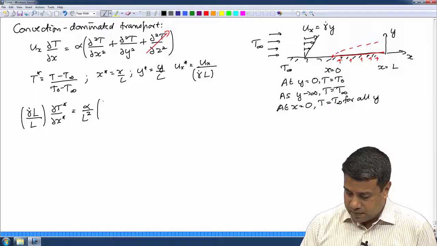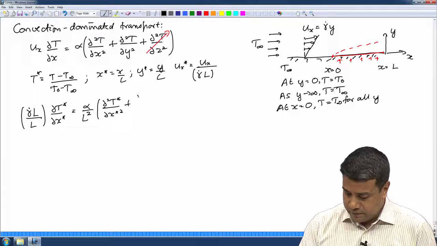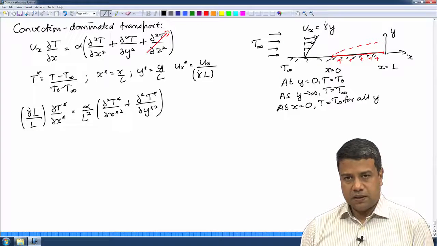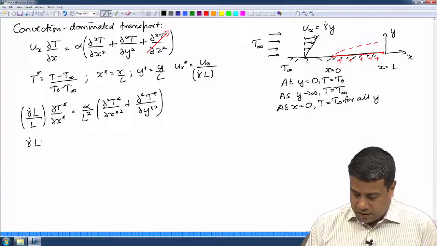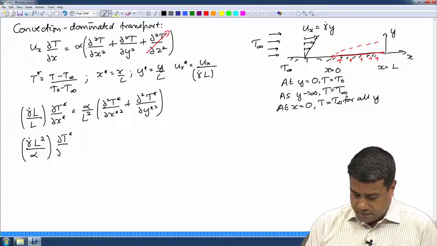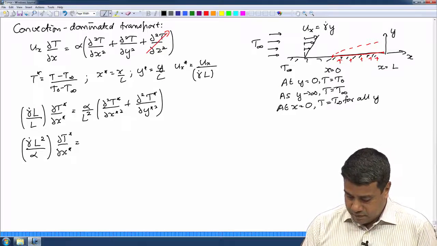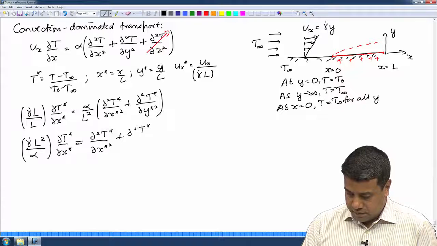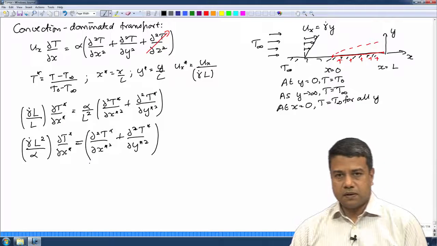Since I have two derivatives in the Laplacian, I will get partial square T star, and scaling I will get gamma dot L square by alpha. So, that is the equation.